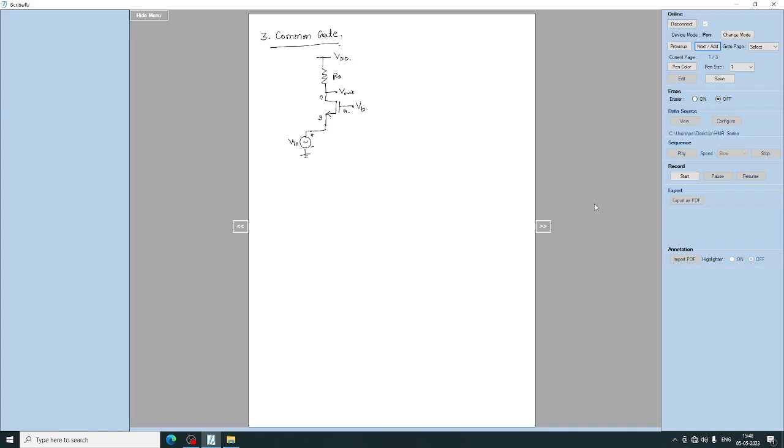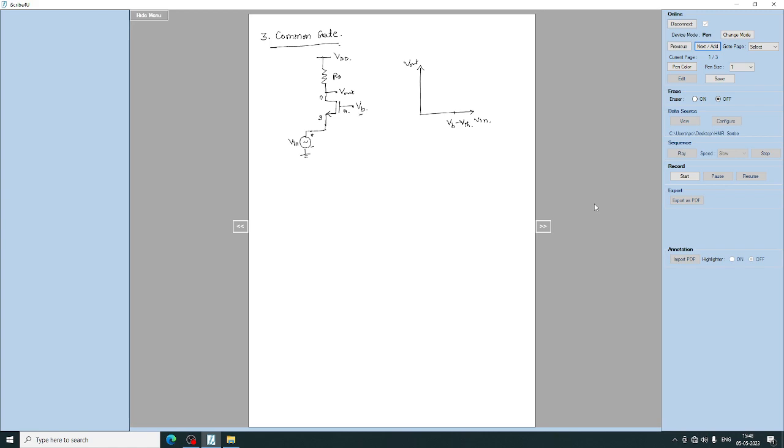Now, if we analyze the large signal analysis of this circuit, V in versus V out. What happens here for a certain value, for example VB minus VTH? VB is nothing but the bias voltage that we are giving.